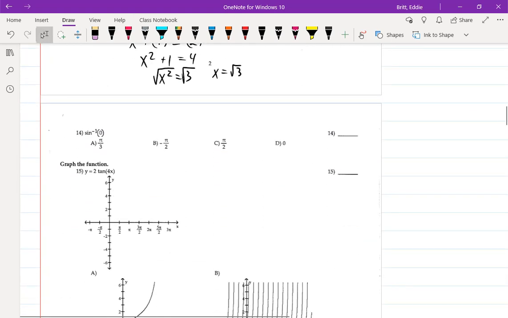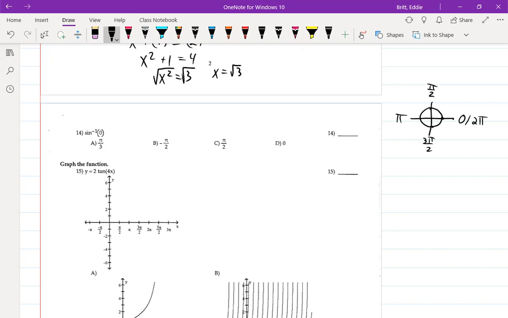All right, for number 14, anytime we're trying to take the inverse of 0 or 1 for sine or cosine, I would always use the unit circle. Because remember, then it's going to have to be a quadrantal angle. So this is 0 radians, pi over 2 radians, pi radians, and 3 pi over 2 radians, and this is back to 2 pi.